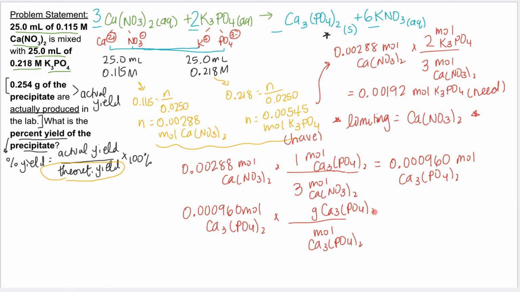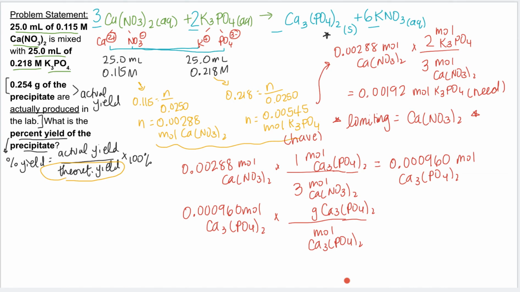So then we need to find the molar mass of calcium phosphate. Calcium has a molar mass of about 40. There's 3 of them. Phosphorus has a molar mass, I think, of about 31 or 32. And then oxygen has a molar mass of 16, but keep in mind there's 2 phosphorus atoms and 8 oxygen atoms. So that's fun.